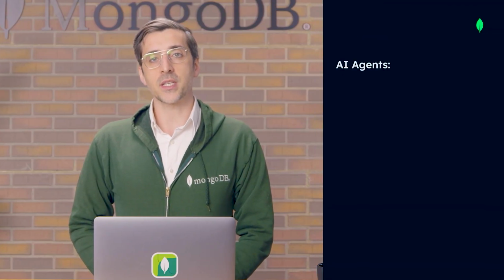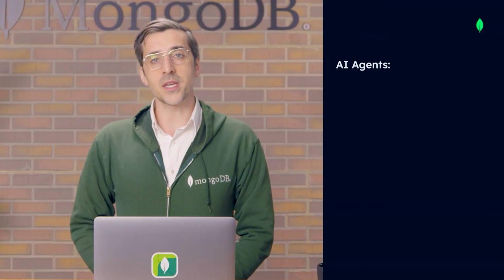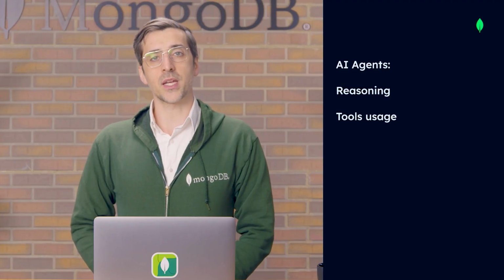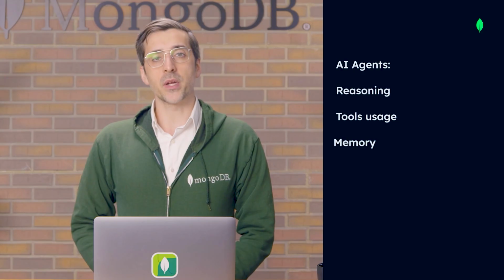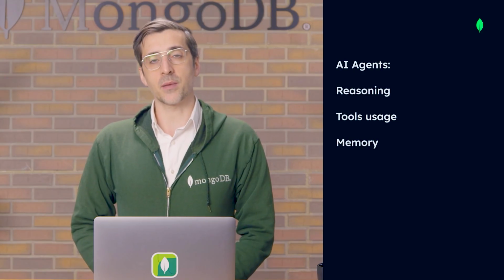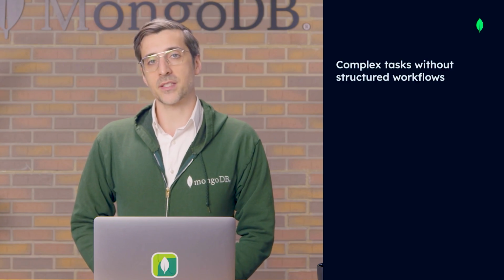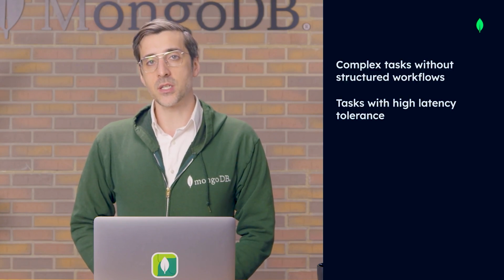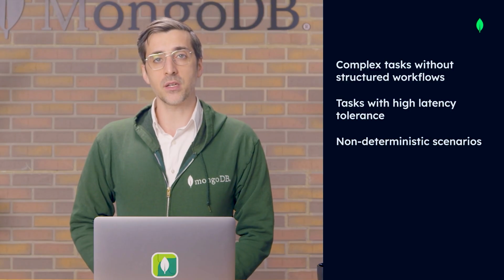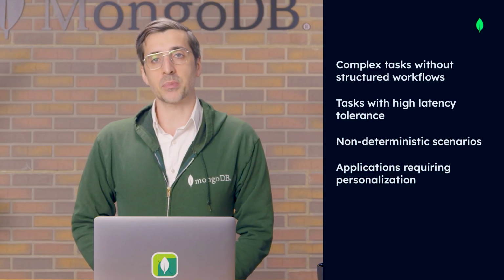Awesome job. Let's recap what we've learned. First, we defined AI agents as software systems with three key capabilities: reasoning to analyze situations, tool use to interact with their environment, and memory to maintain context over time. Next, we discussed when agents are most valuable for complex, unstructured tasks, high latency situations, non-deterministic scenarios, and personalized applications.